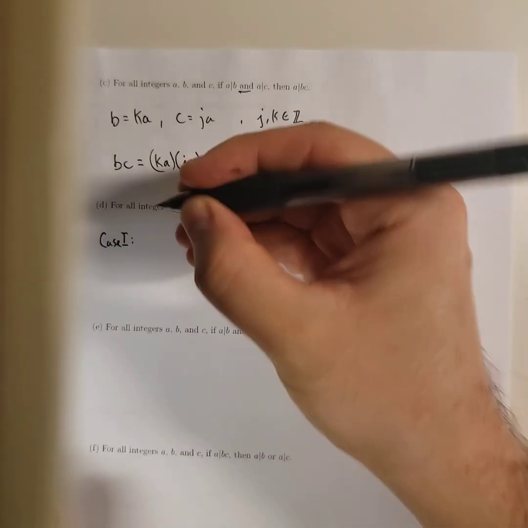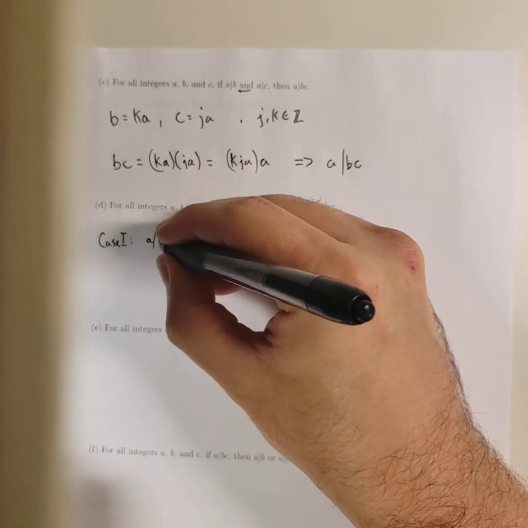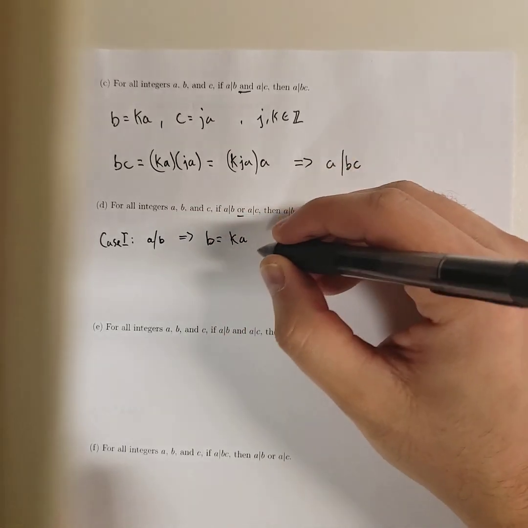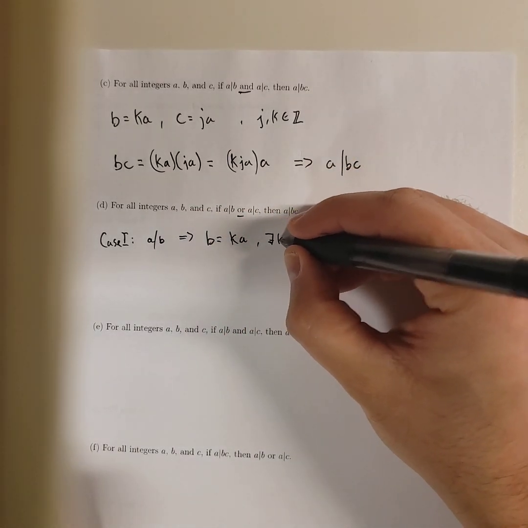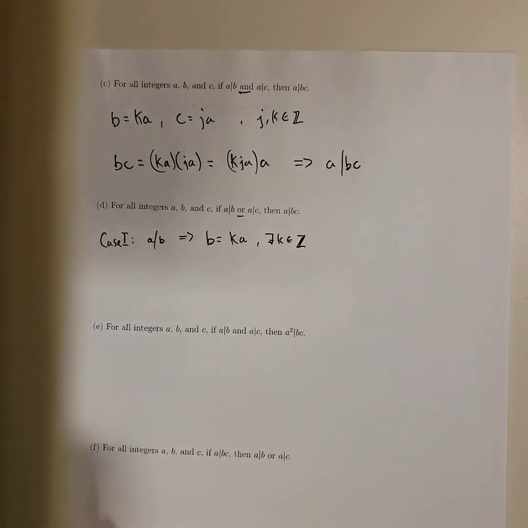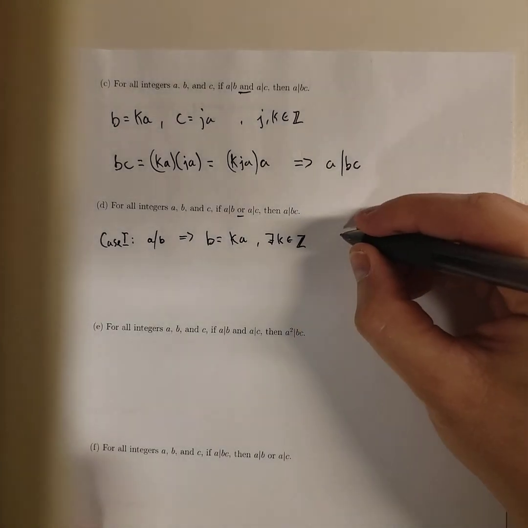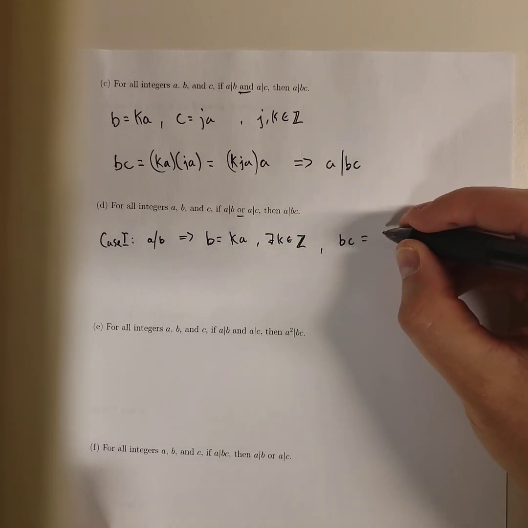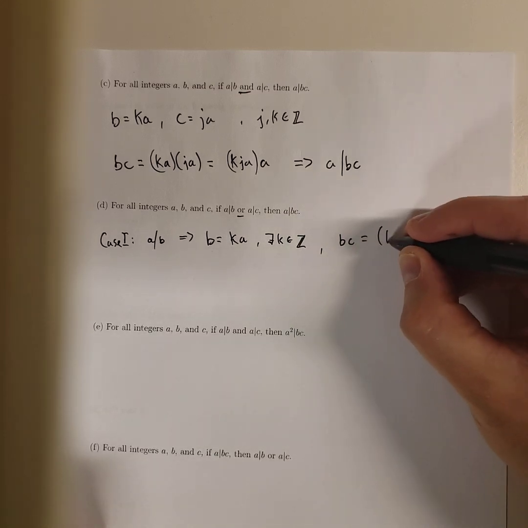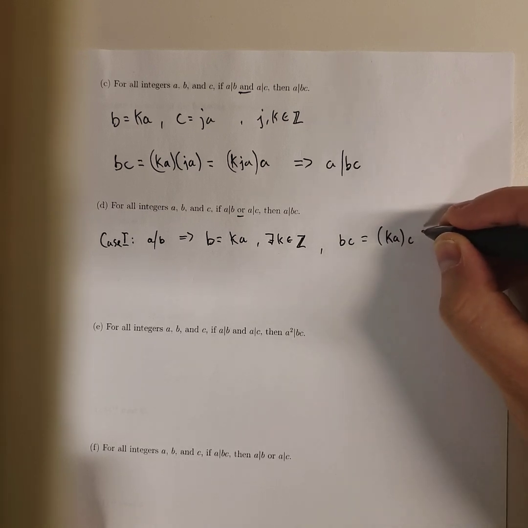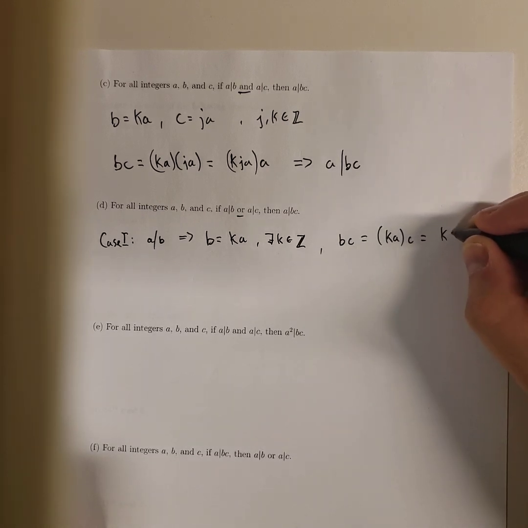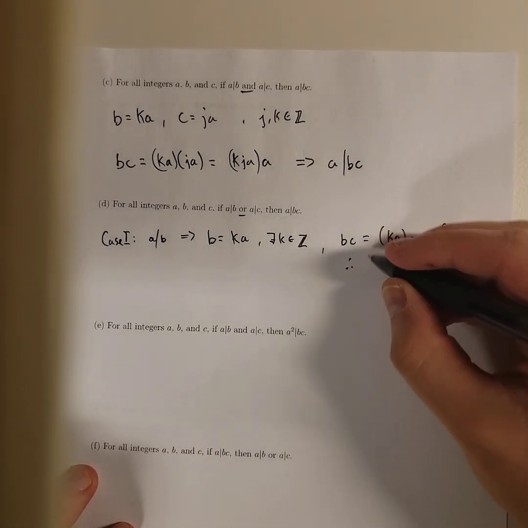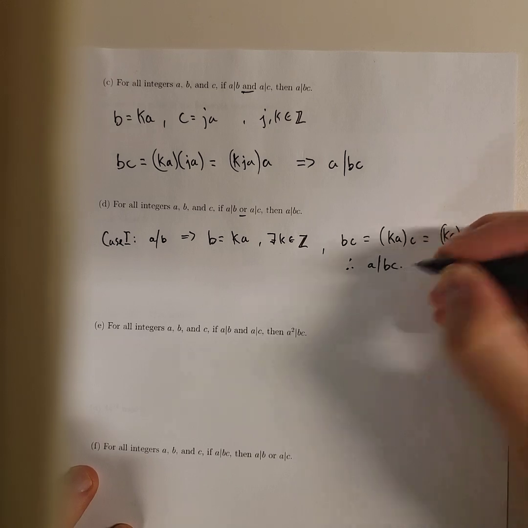So in case 1, we'll say the first one, A divides B. That means B is some multiple of A for some integer K. And then if I look at BC, this is Ka times C. So in particular, this is KC times A, so it is a multiple of A. So therefore, A does divide BC.